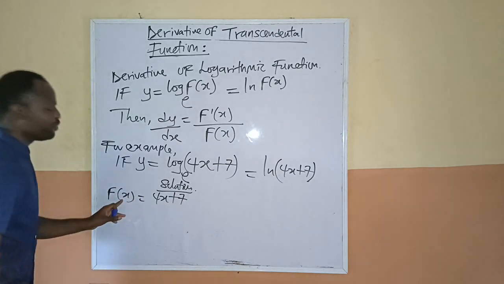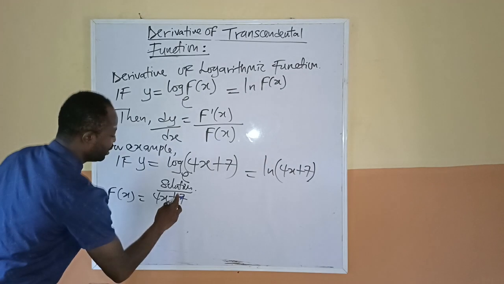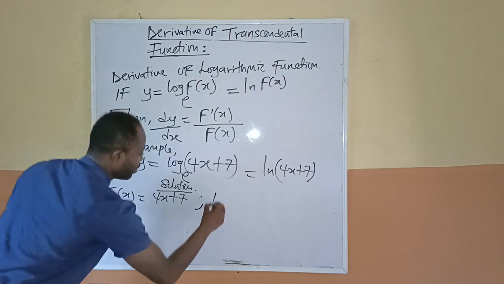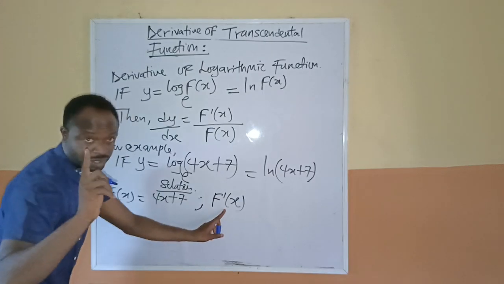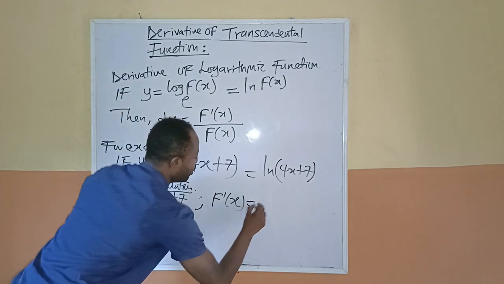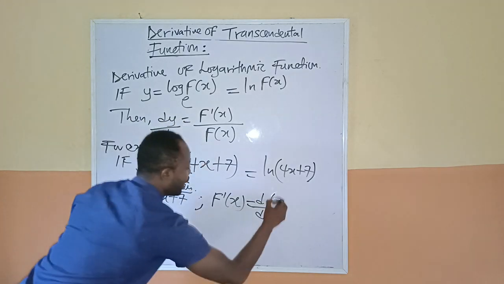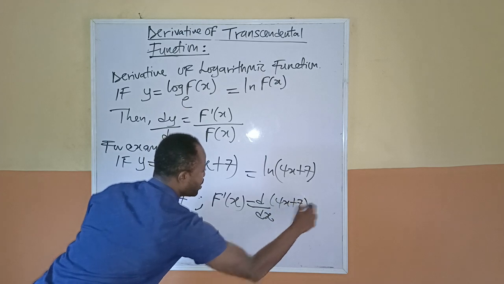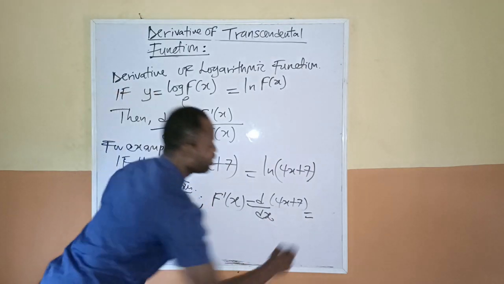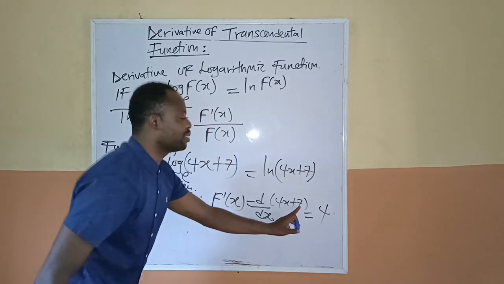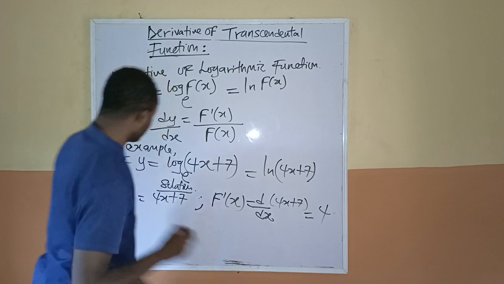So if I differentiate f of x, which is 4x plus 7, that gives me f prime x, the derivative of 4x plus 7 with respect to x. If I differentiate 4x plus 7, that gives me 4. If I differentiate 7, I will have 0 because 7 is a constant.